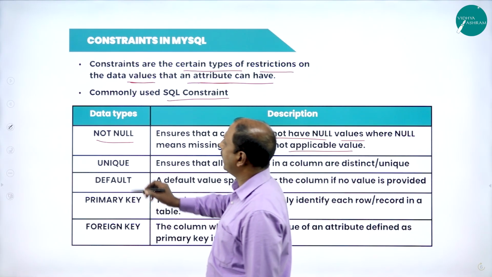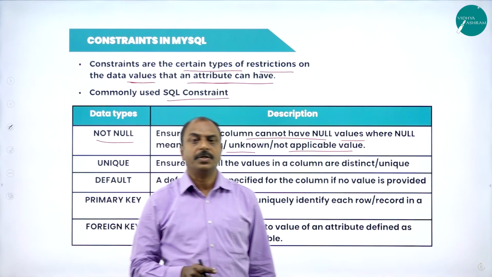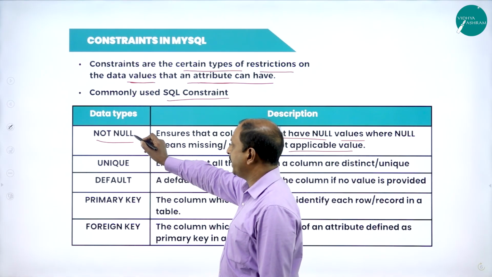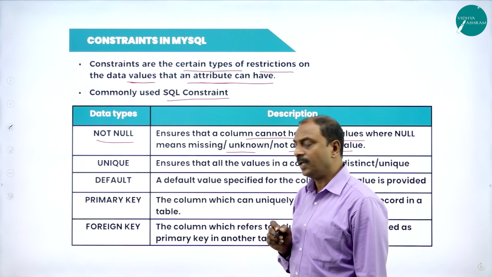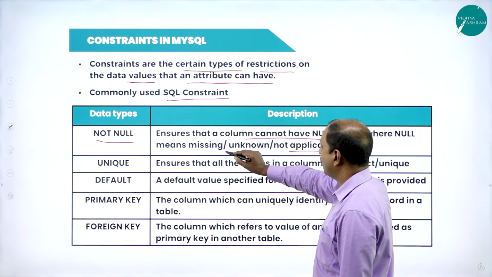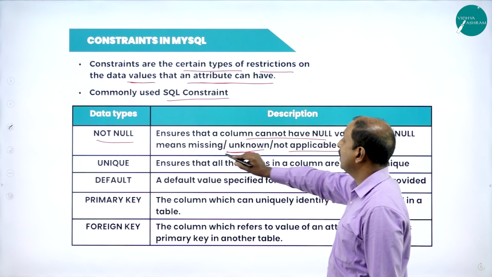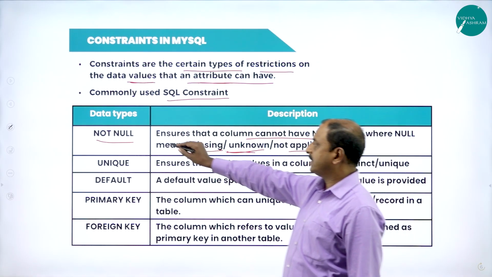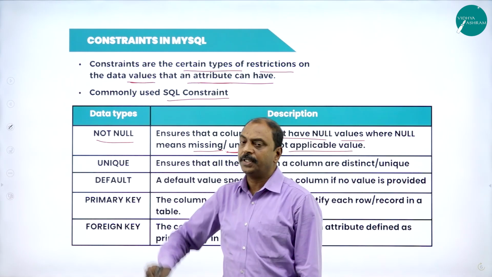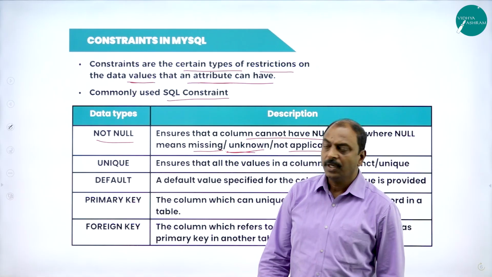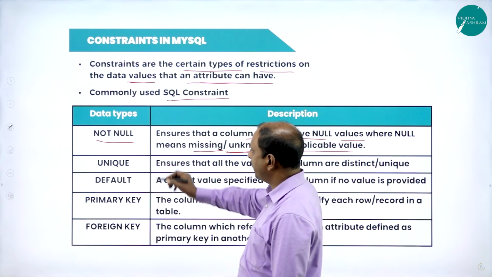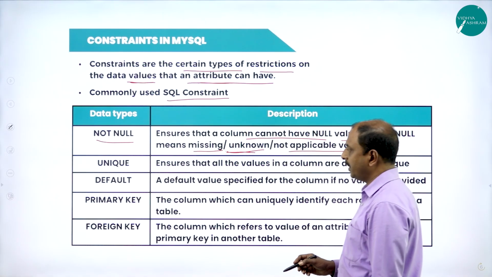So if you have NOT NULL as a constraint on a particular column, it accepts only valid data in that column. It will not accept any value to be unknown or left blank. Once this constraint has been used, some value has to be entered in that column. That is NOT NULL.